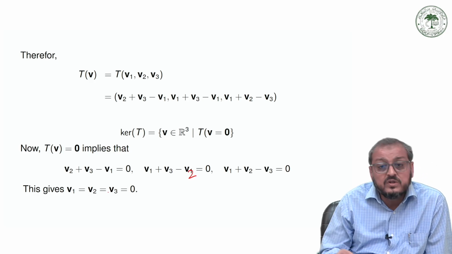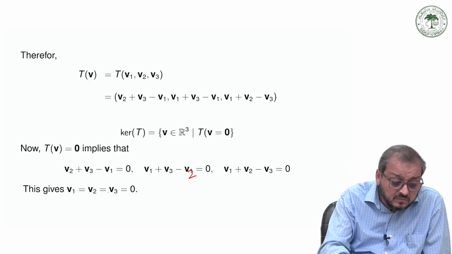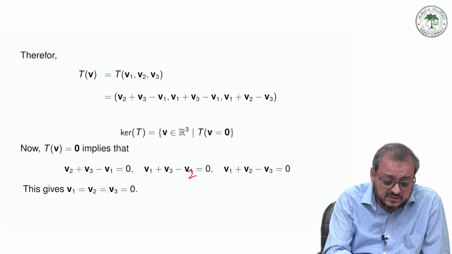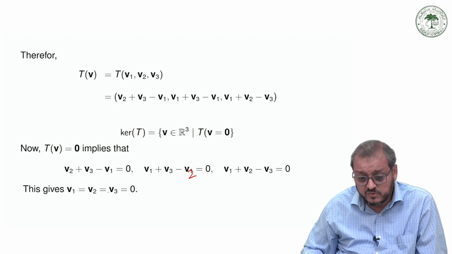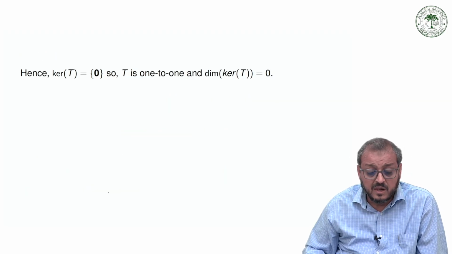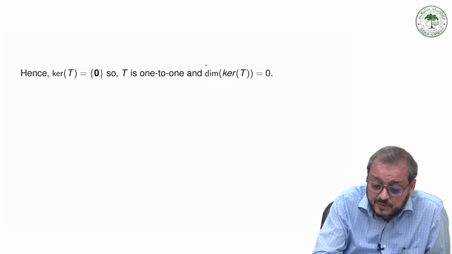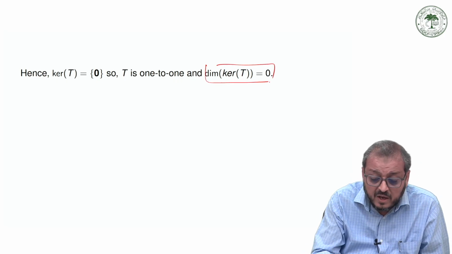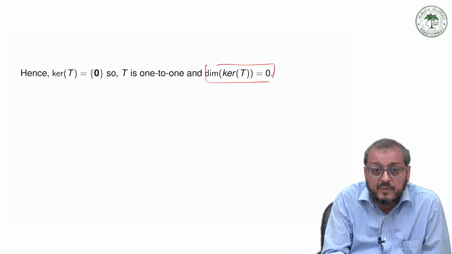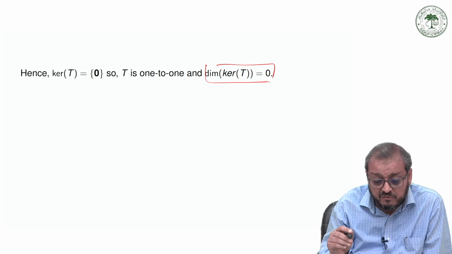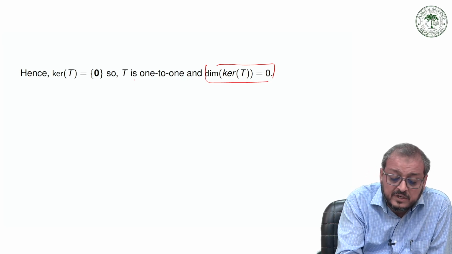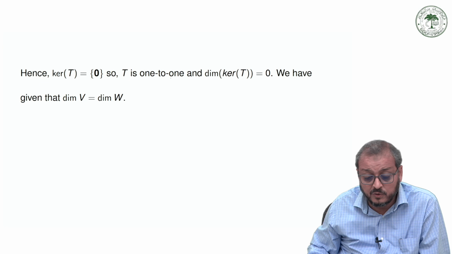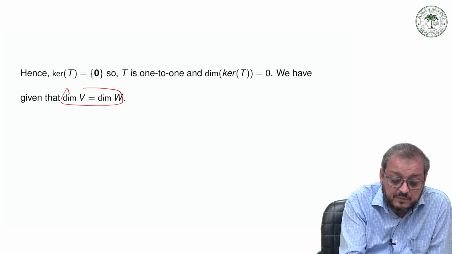So, V1, V2, V3 are all equal to 0. We just say that all the V1, V2, V3 are equal to 0. This shows that the kernel of T is 0, T is one-to-one. So, the dimension of the kernel of T is 0, and then by using the dimension theorem we can say that, because both the dimensions are the same, T is also onto. Dimension of W and dimension of V are the same.